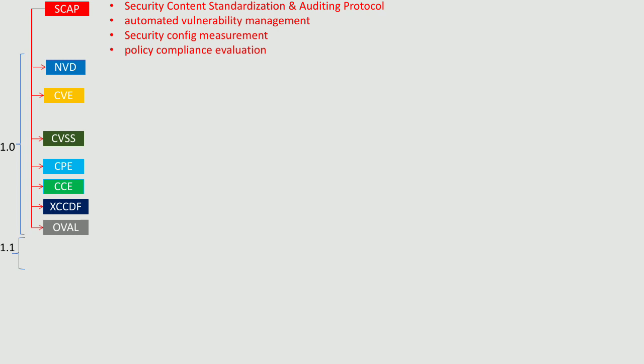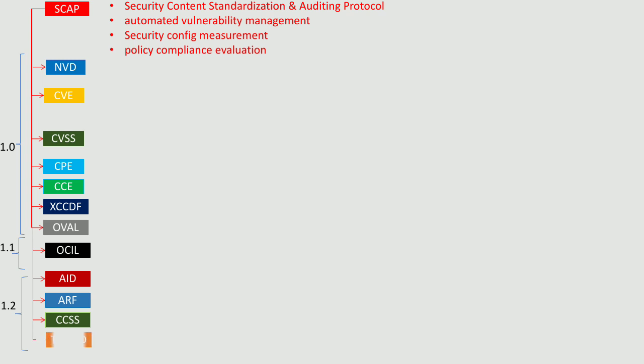In version 1.1, an additional component of Open Checklist Interactive Language was introduced, and in 1.2, the asset identification, asset reporting format, common configuration scoring system, and trust model for security automation data were introduced.